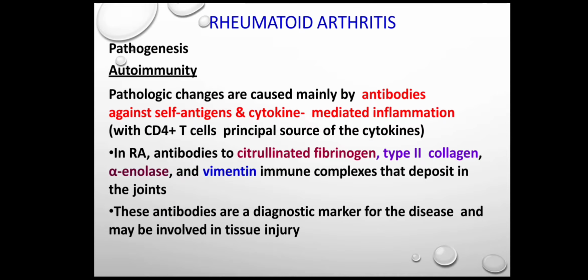Pathological changes are caused mainly by these antibodies directed against self antigen and the cytokine mediated inflammation. As I said earlier, the citrullinated fibrinogen, type 2 collagen, vimentin, all these are antigens, and antibodies are directed against them. So there will be immune complex formation, which are deposited in the joint and will destroy the joint.